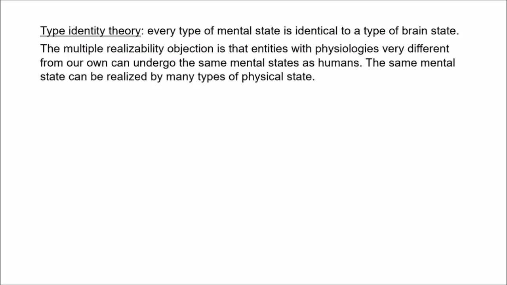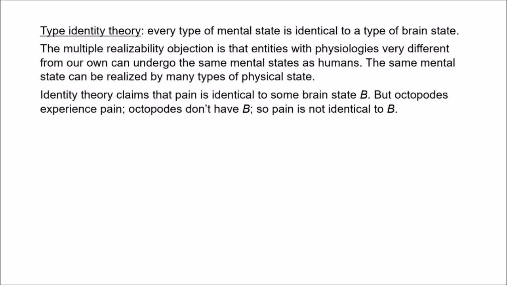So suppose we were to discover exactly the brain states and processes that occur when humans experience pain. Label these brain states B. The identity theorist claims that pain is identical to B. But now we can argue octopodes experience pain, octopodes don't have B, therefore pain is not identical to B.